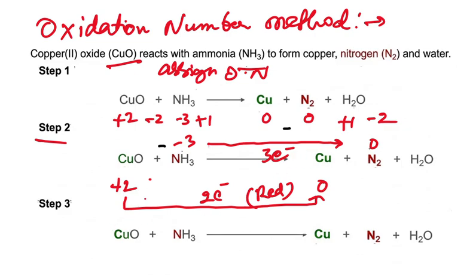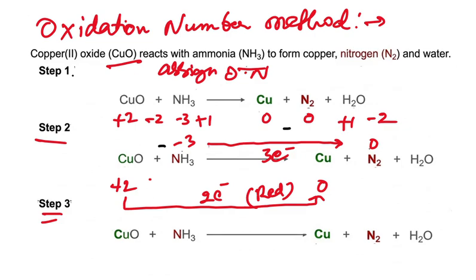So after finding the oxidation number change in the atoms of both reactants, in step 3 we should balance the number of electrons, and we should find a suitable integer for balancing this chemical equation.